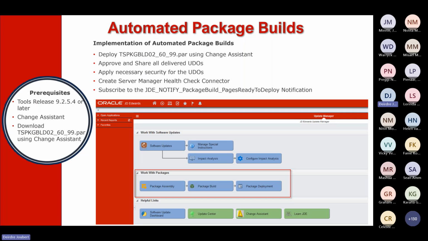It also includes a health check for the enterprise server as a pre-build check before you build your package, to check the status of the enterprise server. And you also need to subscribe to the notification that comes with that bundle. That notification will send you an update either via email or within JDE to see whether your package has successfully been built or not.